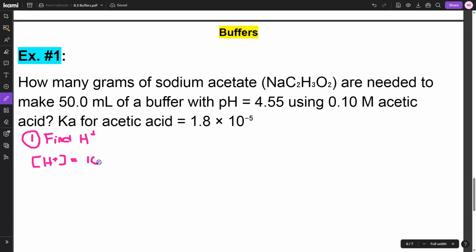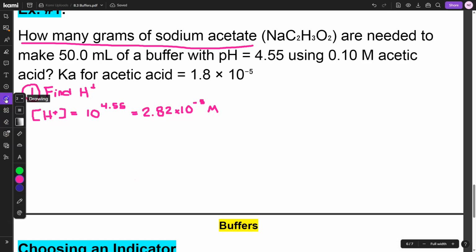So it's going to be 10, and then our exponent is going to be the negative pH, which is 4.55. Okay, so if I plug that into my calculator, I get 2.82 times 10 to the -5th molar. So that's our concentration of H+.